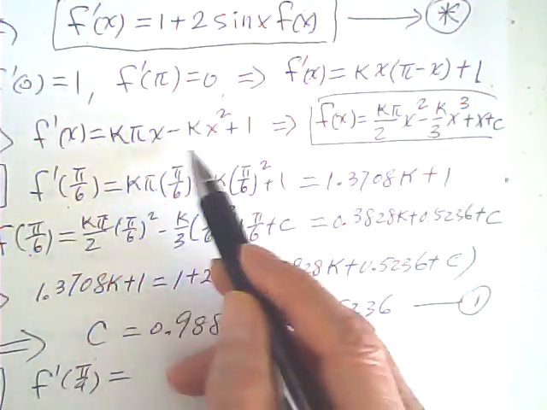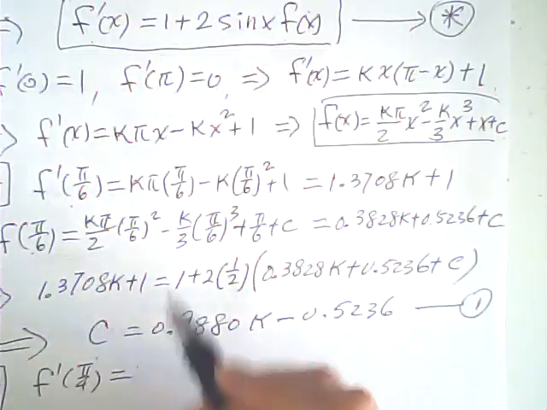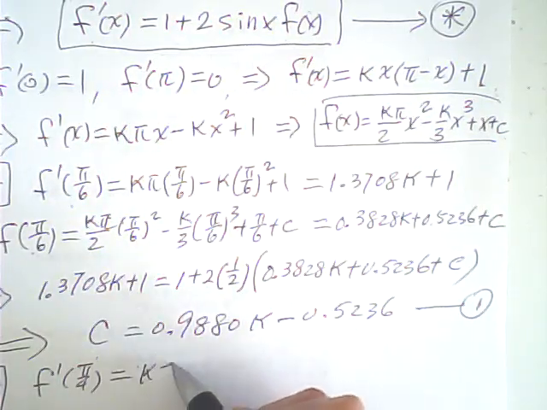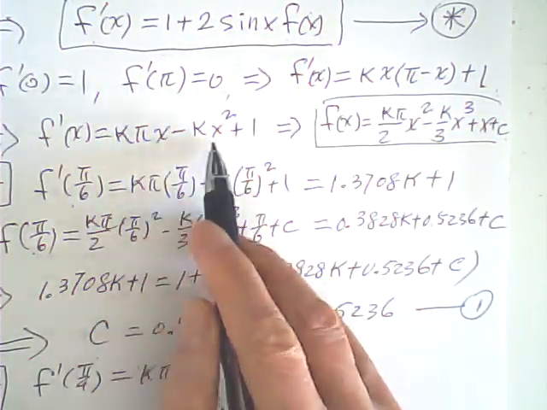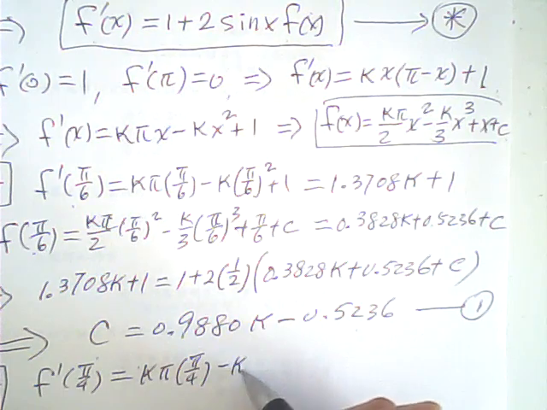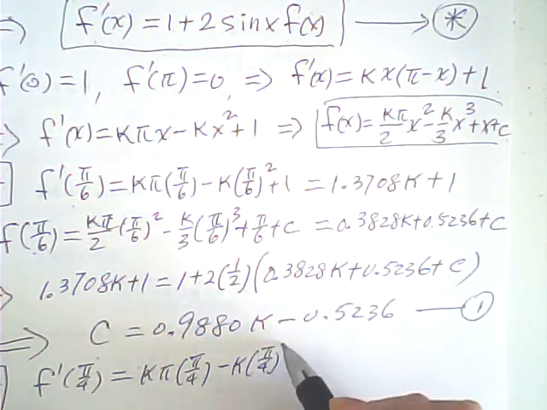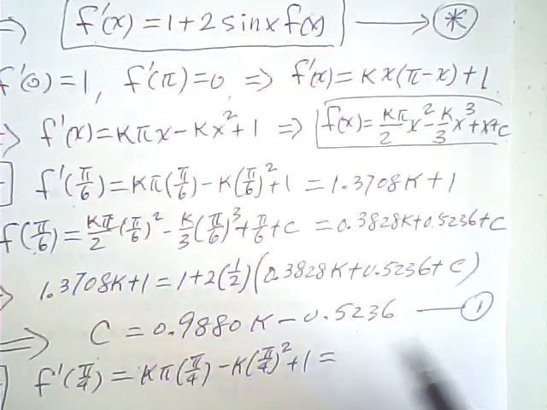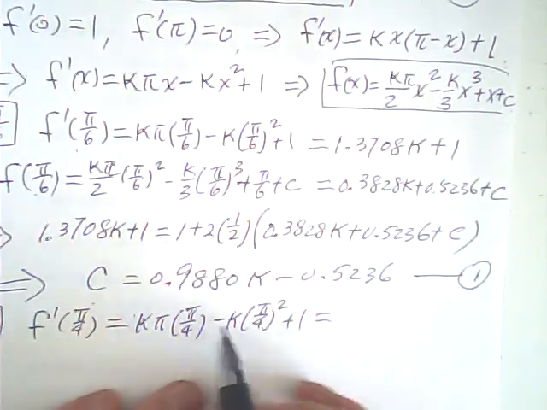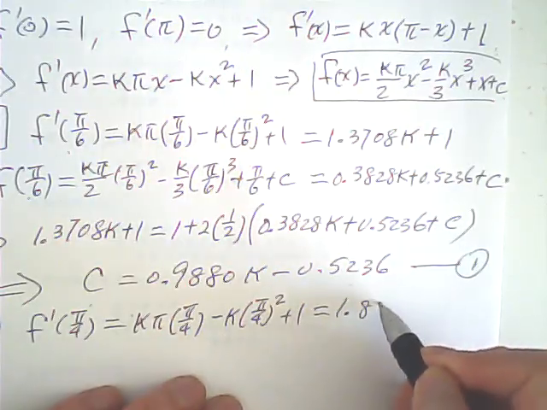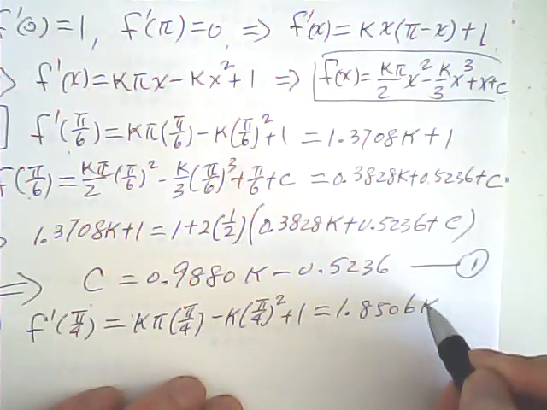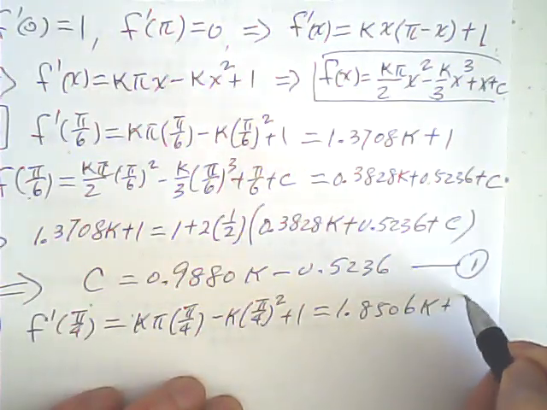So this one is equal to k pi times pi over 4 minus k pi over 4 squared plus 1. After tedious calculations, this is 1.8506 k plus 1.